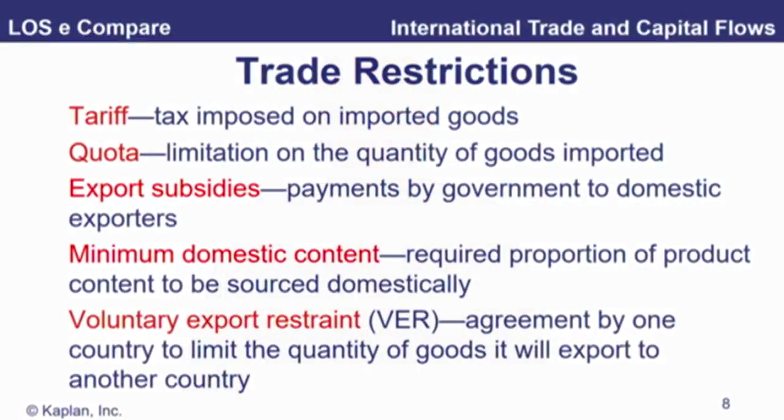Finally, VERs, voluntary export restraints. That's an agreement by a country to limit the quantity of goods it will export. So pretty rare these days, barely legal, but what we're talking about is an exporter voluntarily saying this is the maximum amount I am going to export to your country. A good way to look at VERs is to compare and contrast to quotas.